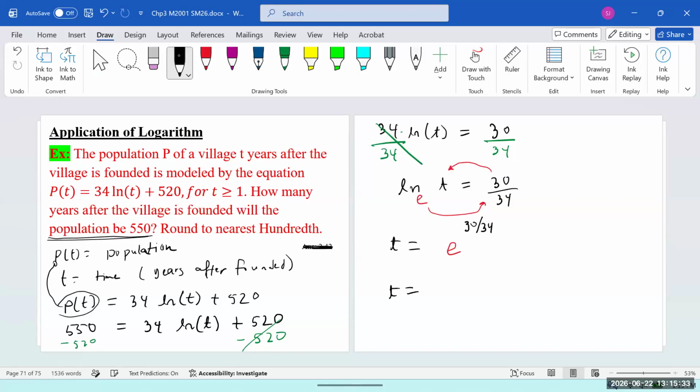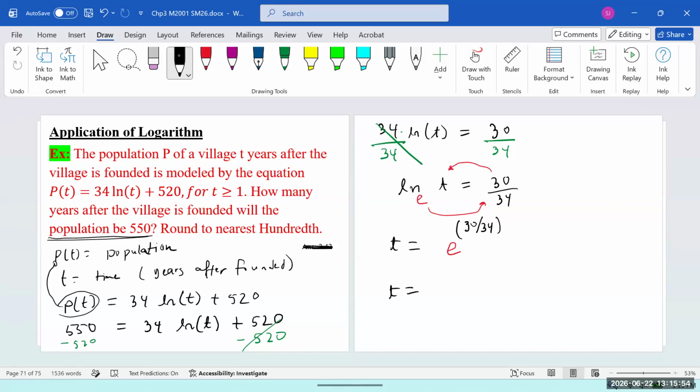So you go to the calculator and find out what is E to the power 30 divided by 34. Ln has an invisible E base.